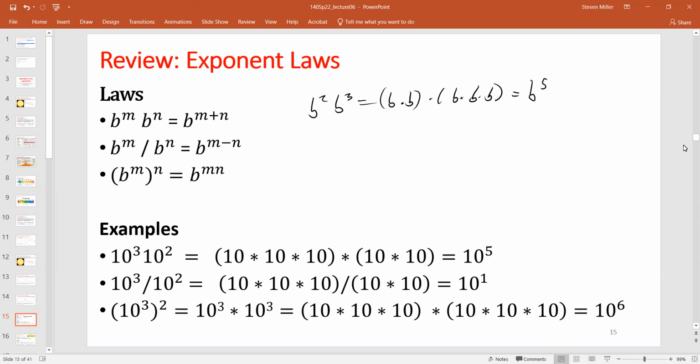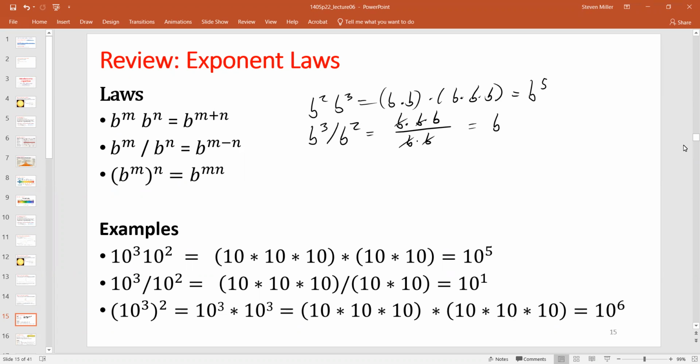For the next one, b to the m over b to the n, let's say I had b cubed divided by b squared. This would be b times b times b over b times b. Well, you see we can cancel 2 of the b's. Okay, and that provides some justification.